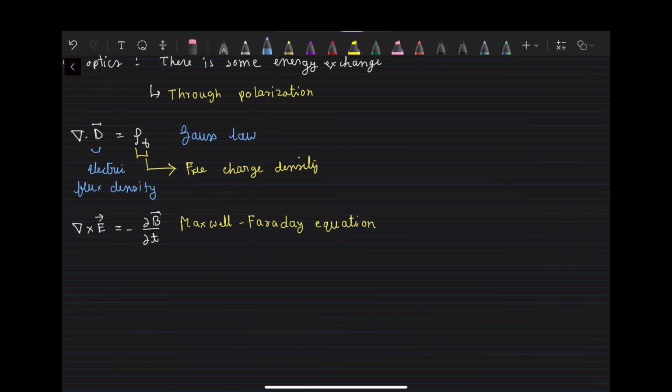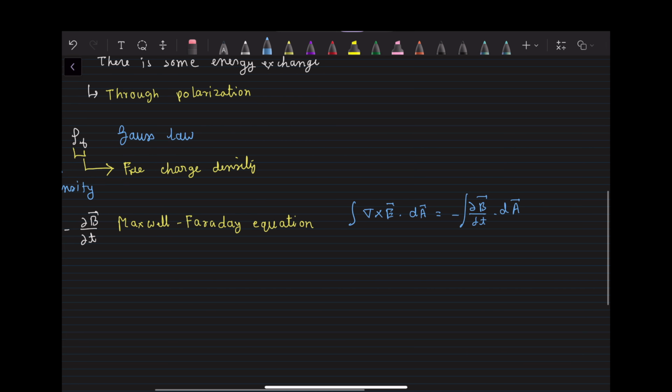So we have this, right? Then I'm just taking an area integral.